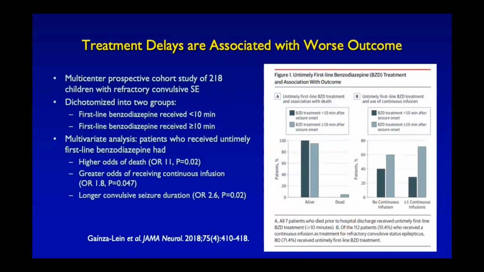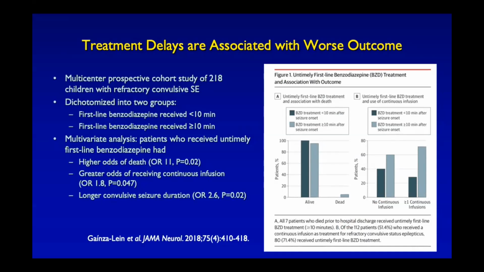Yet treatment delays are associated with worse outcome. In a multicenter prospective cohort study of 218 children with refractory convulsive status epilepticus, the authors dichotomized children into two groups: those who received first-line benzodiazepines less than 10 minutes after seizure onset, and those who received first-line benzodiazepines more than 10 minutes after seizure onset, termed untimely first-line treatment.